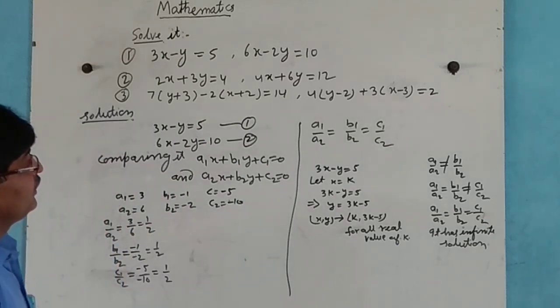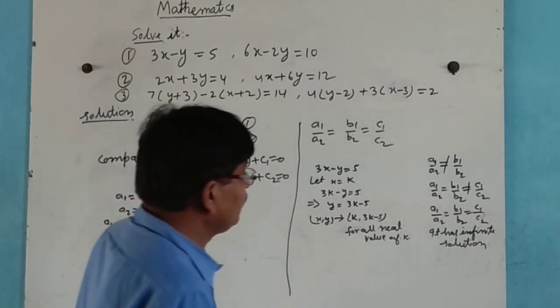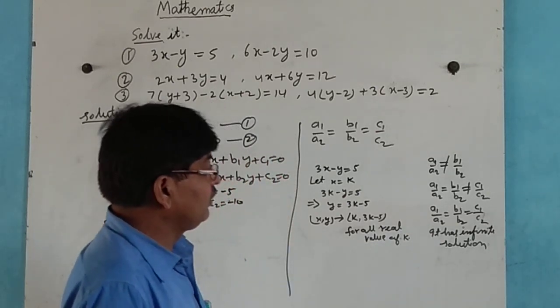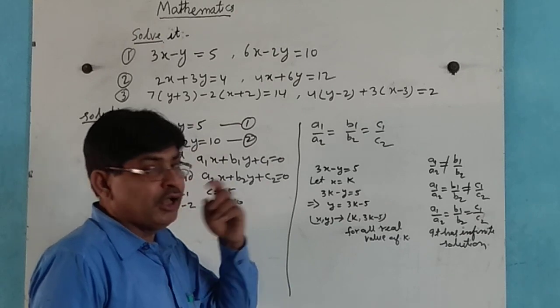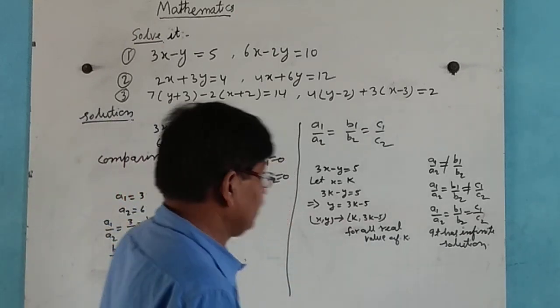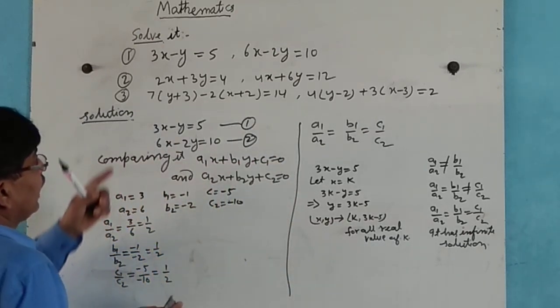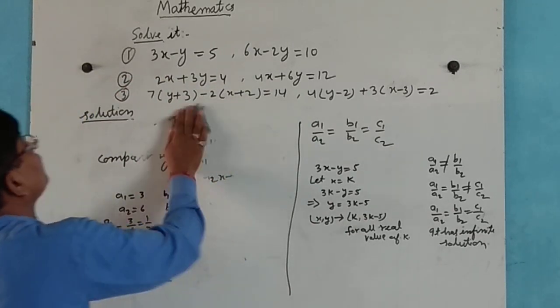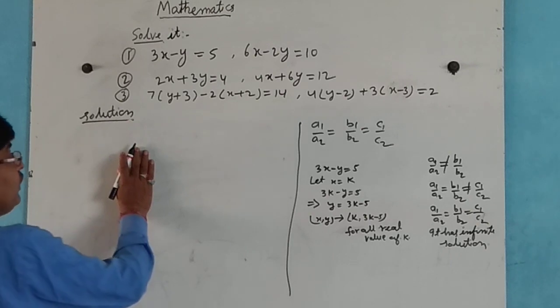Now, this question also solve. This represents lines; the lines are coincident with each other. Now, you see the graph of these equations.